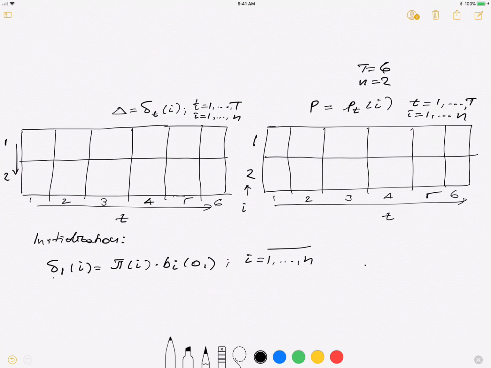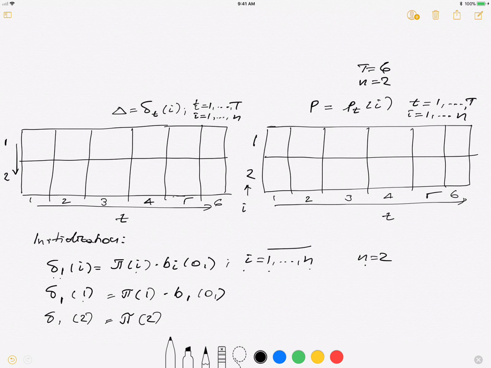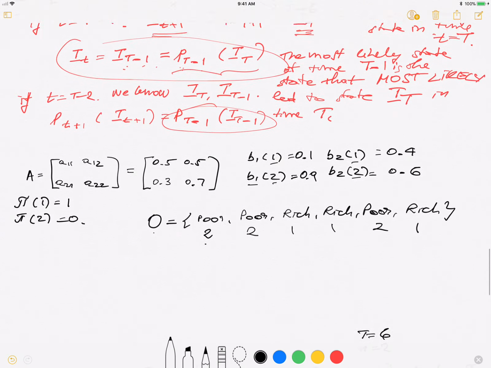So let's go back to the initialization. I need to calculate delta 1 of 1. Remember, i goes from 1 to N, and N is 2. So I need to calculate delta 1 of 1 and delta 1 of 2. Let's replace. Here i is equal to 1, so this is pi of 1 times b1 of O1. And here would be pi of 2 times b2 of O1. In this case, believe it or not, life is actually easy.